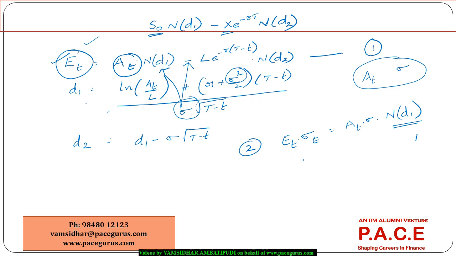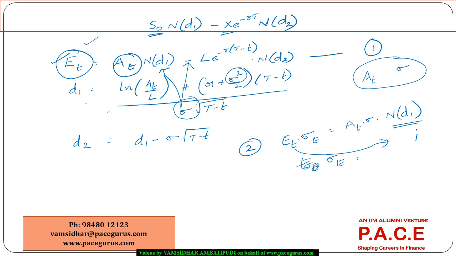If I am talking about the volatility of the equity, I can link it as the value of the asset times the volatility of the asset multiplied by N(d1), divided by the value of the equity.